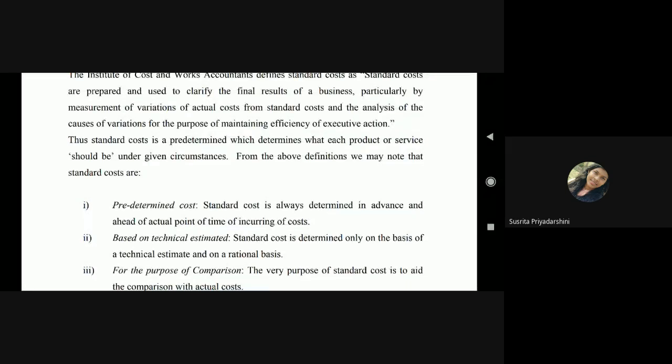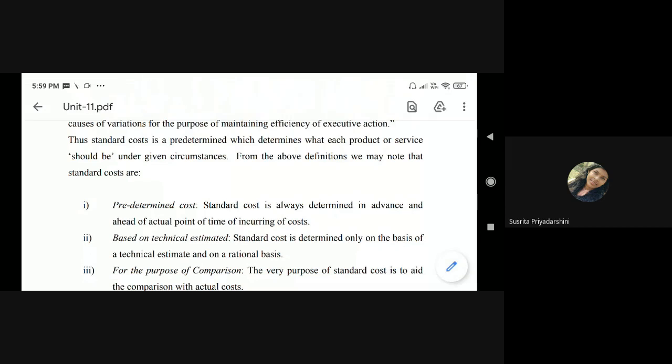The first one is it is a predetermined cost. Standard cost is always determined in advance, ahead of the actual point of time of incurring the cost. That means before the actual is done, we have to find out how much we are going to spend. So an estimation we have to make.